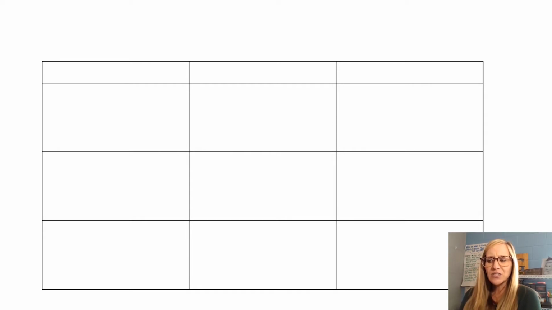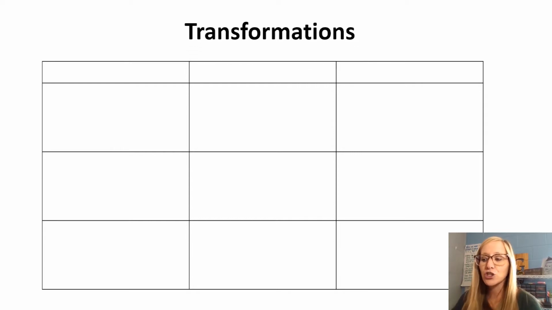We know that big transformations occur in this myth, so we're going to be focusing on transformations of these characters and the descriptive language that the author uses to reveal them. So at the top, write the word transformations as your title of this chart.